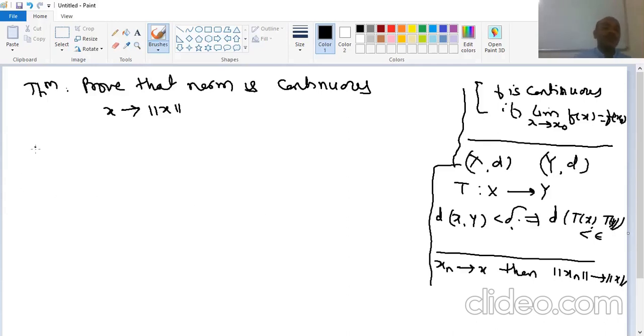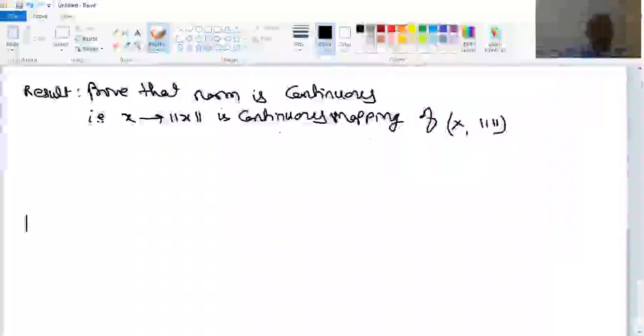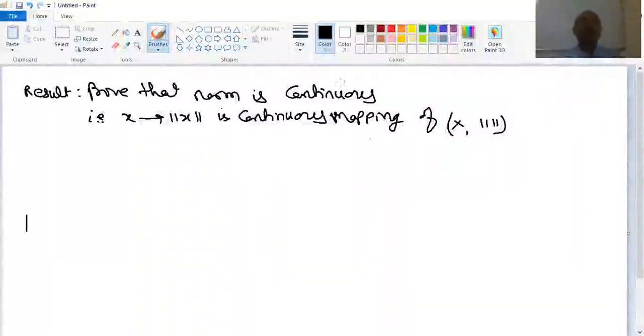Look. Here, let xn converge to x. Xn converges to x means limit n tends to infinity. Now the next result is to prove that norm is continuous.